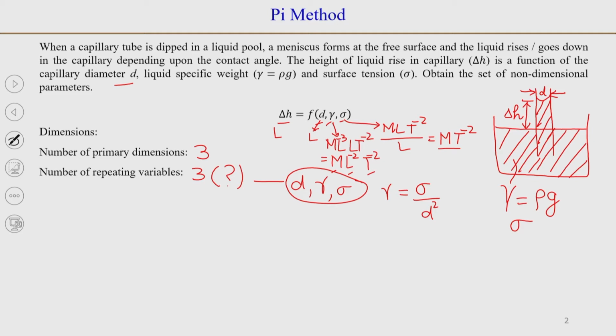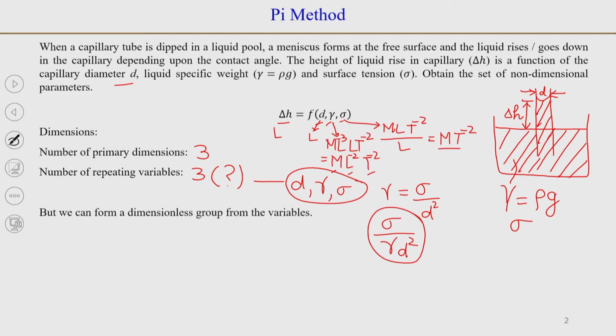So, you can form a non-dimensional group: sigma over gamma d squared is a non-dimensional group in itself. So, the requirement that the repeating variables should not make a dimensionless group among themselves is not satisfied here. So, what is the problem?